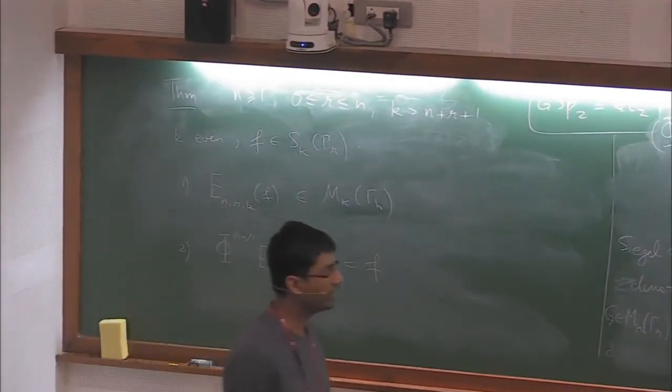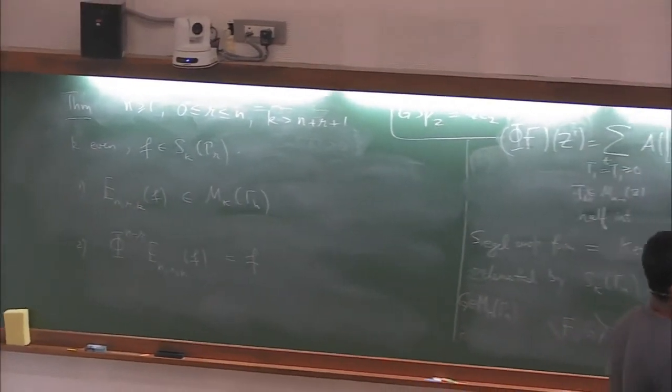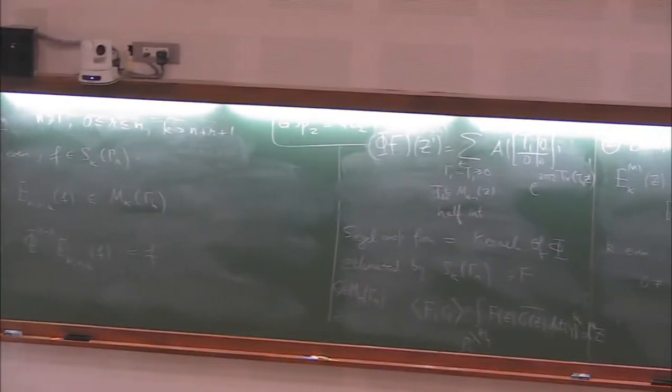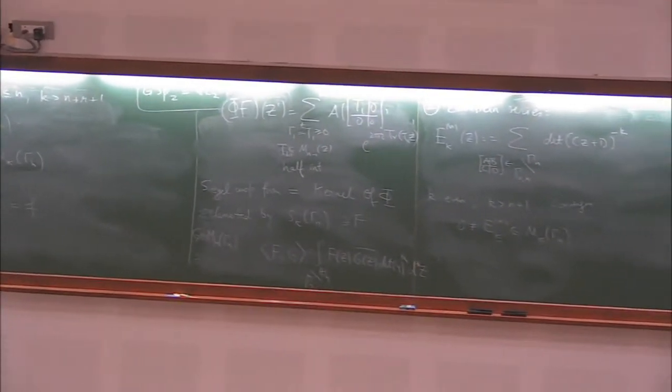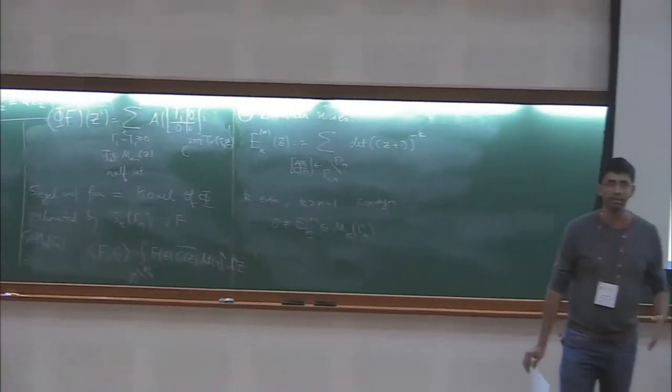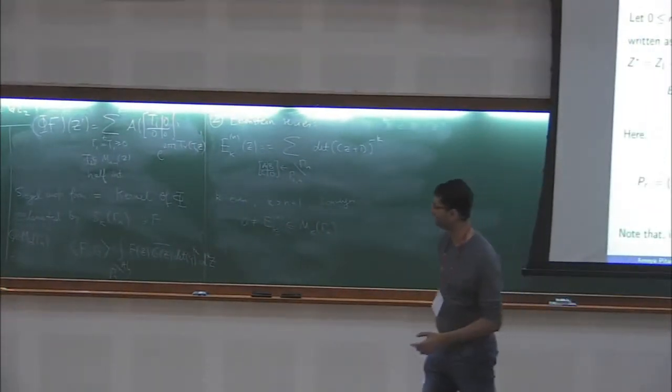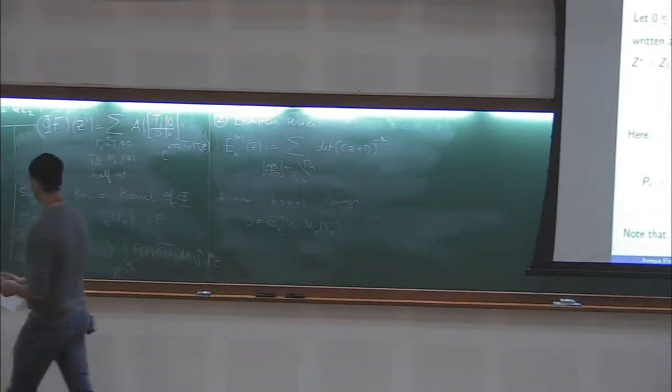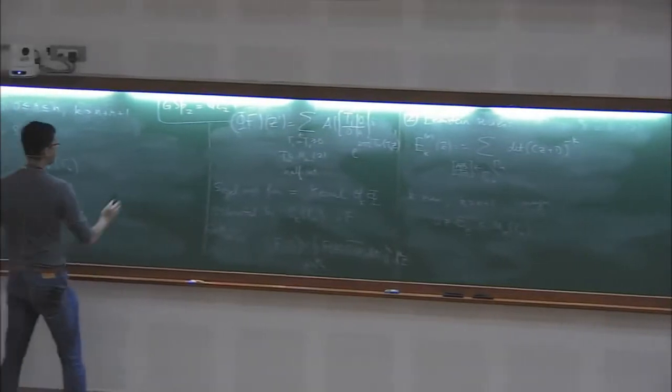So this Klingen-Eisenstein series is a very important example, because in a certain sense, Cusp forms and Klingen-Eisenstein series are all you have. And what I mean by that is the following.